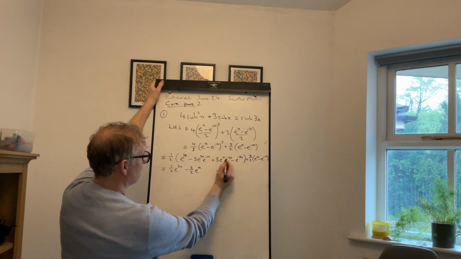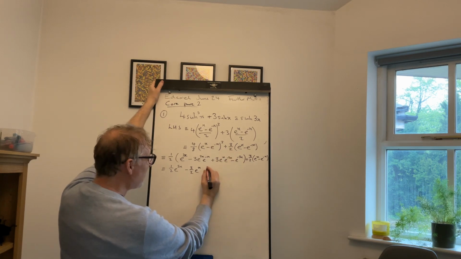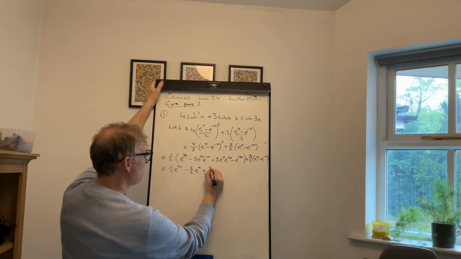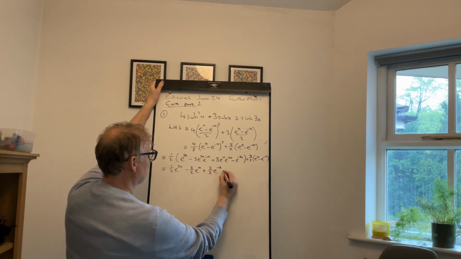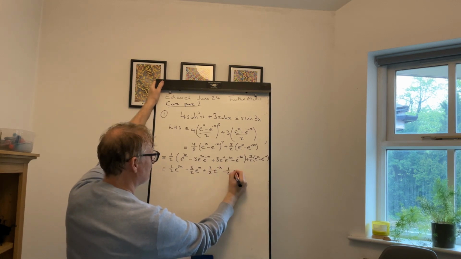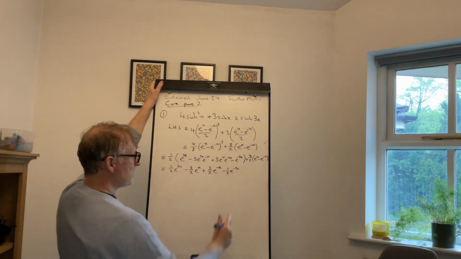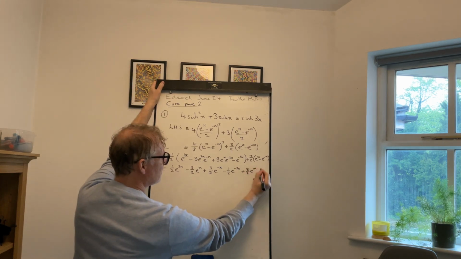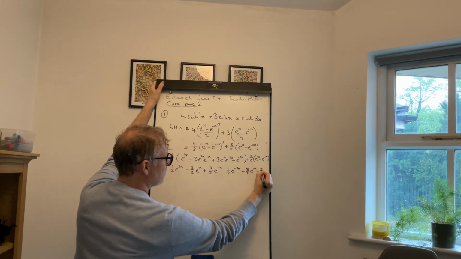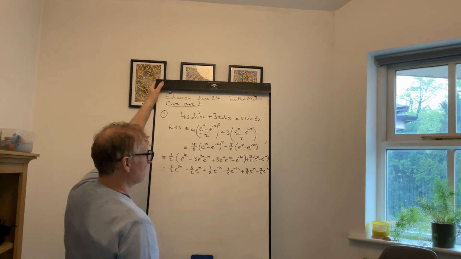Here, that times that is going to give us e to the minus x times a 3, so it's 3 over 2 e to the minus x. And then over here, we've got minus a half e to the minus 3x. Okay, multiply this out now, 3 over 2 e to the x minus 3 over 2 e to the minus x.